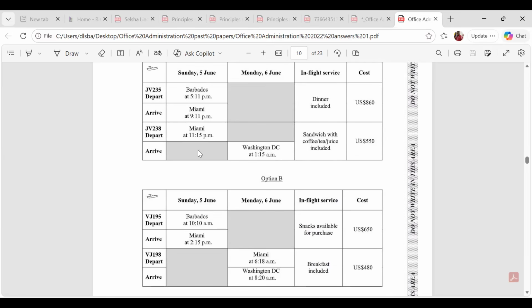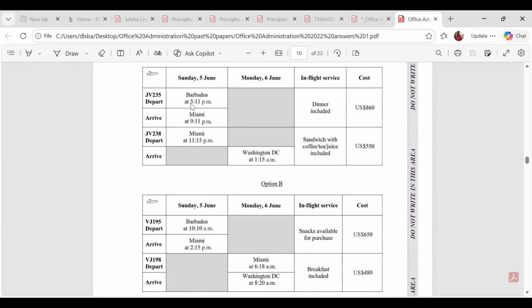What will be a benefit of choosing option A? Again, dinner and sandwiches and stuff like that. Also, I wanted to watch something.